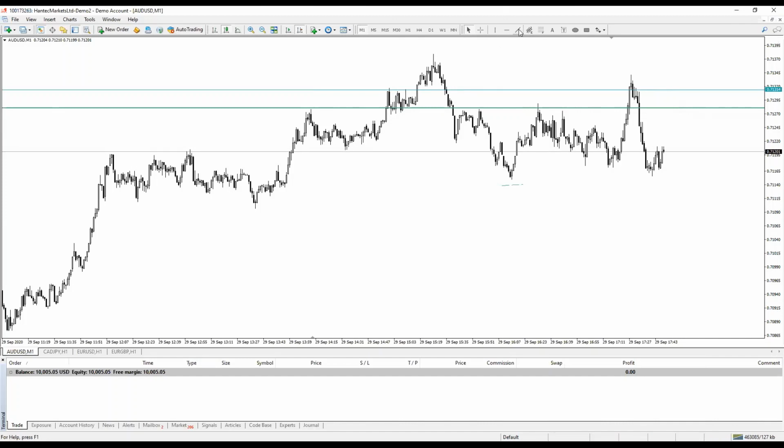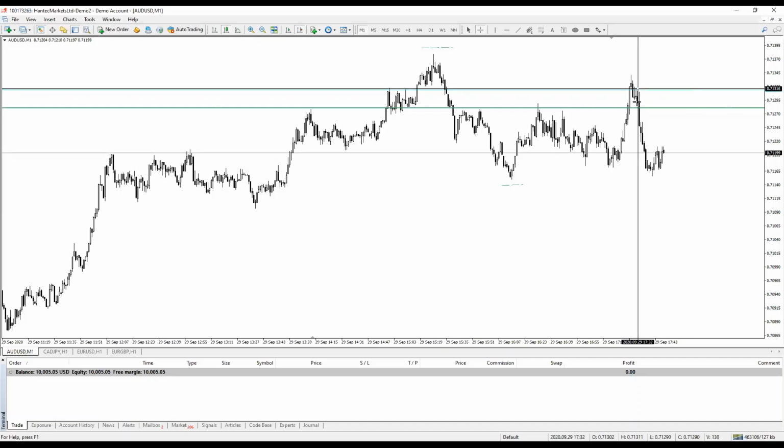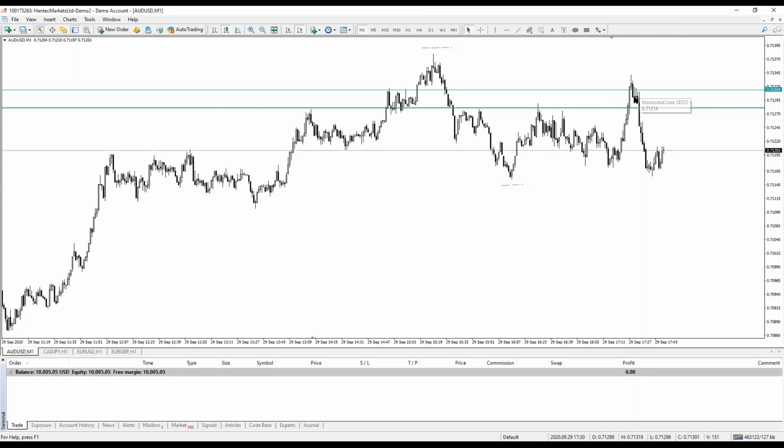Our stop will be just here above the swing, which is 7-8 pips, not including spreads. And we were selling from here, and now it made a 16 pip reaction already. Okay, so if we were to scalp this, this is showing you that this has already made some significance.